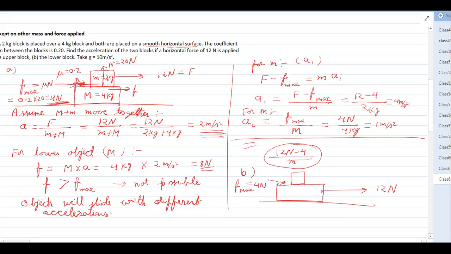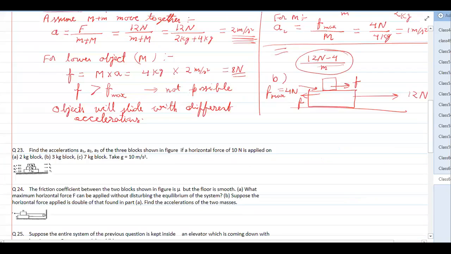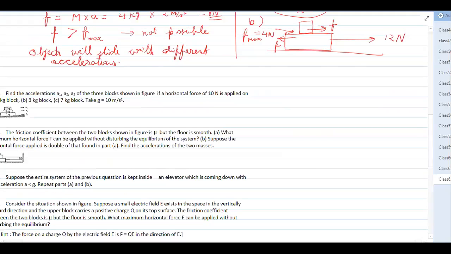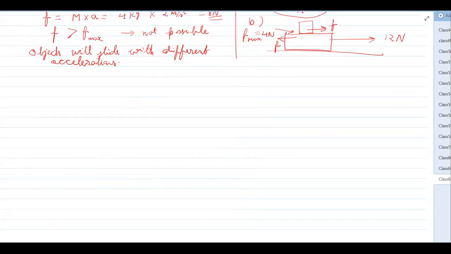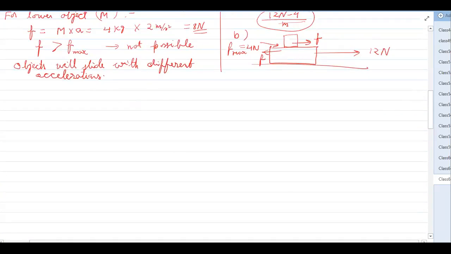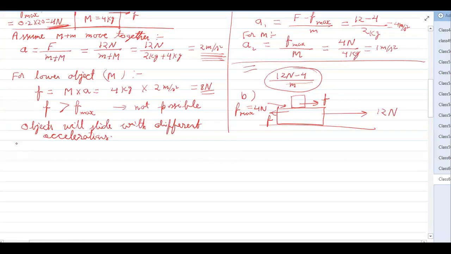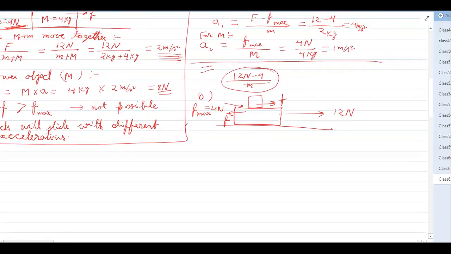And the friction now, since it is pulled forward, will act in the backward direction here, and on this object it will be in the forward direction.